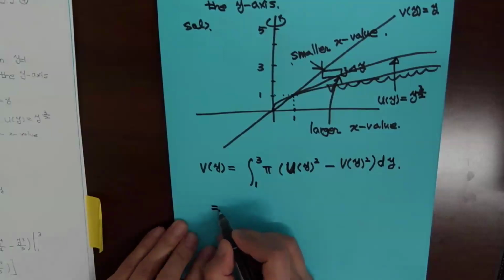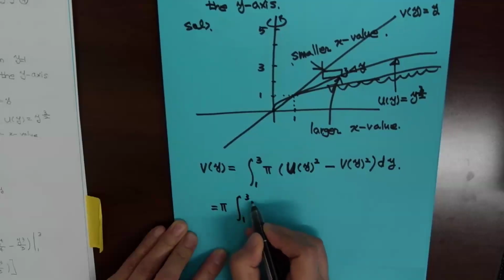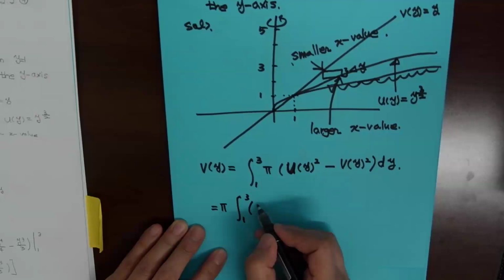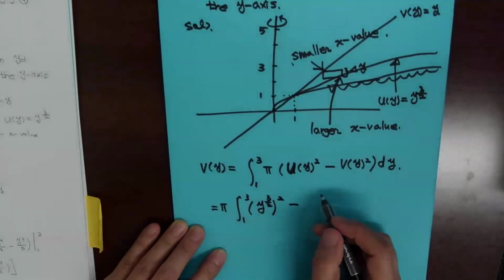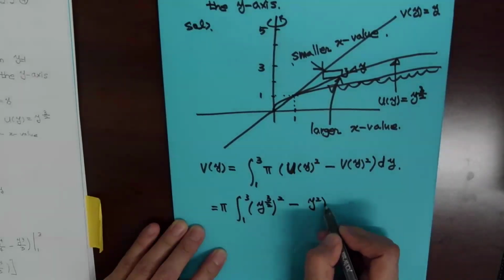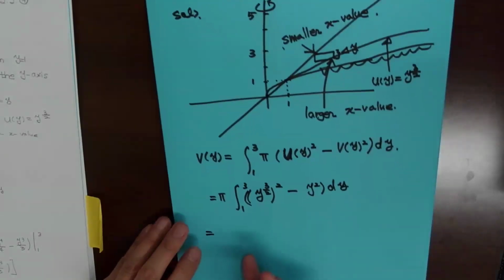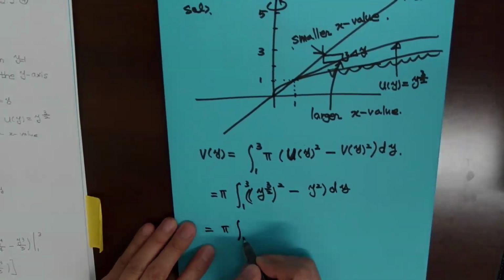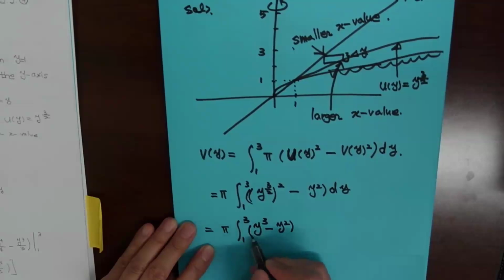Here, v of y is y and u of y is y to the 3 over 2. So this is pi times the integral from 1 to 3 of y squared minus y cubed, dy.